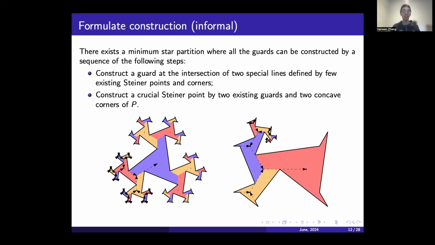We formulate the construction process in the following way. Starting from the input polygon, at each step, we can either construct a new guard from a few existing Steiner points or corners of the input polygon, or construct a new crucial Steiner point from 2 guards and 2 concave corners of the input polygon. The construction process we define captures the 2 degenerate cases below.